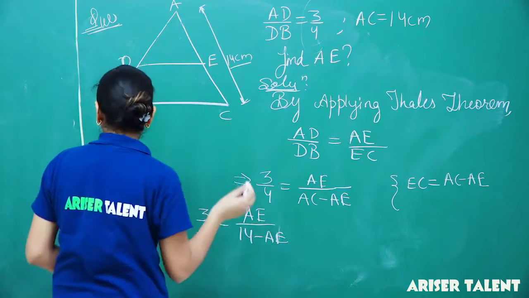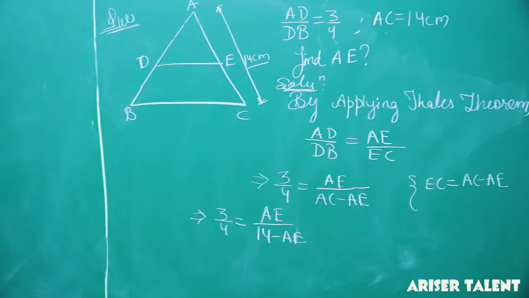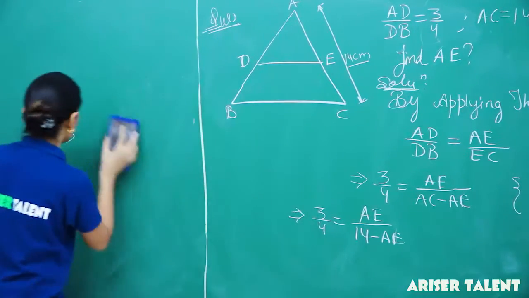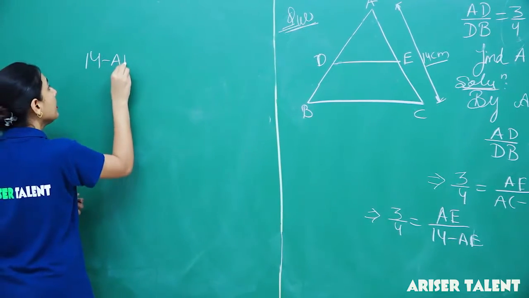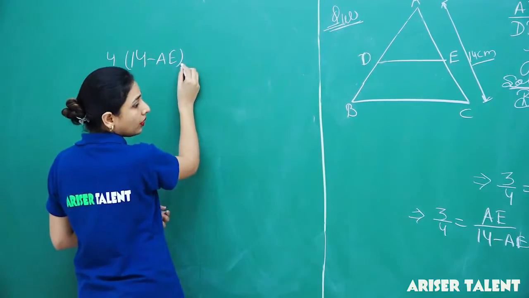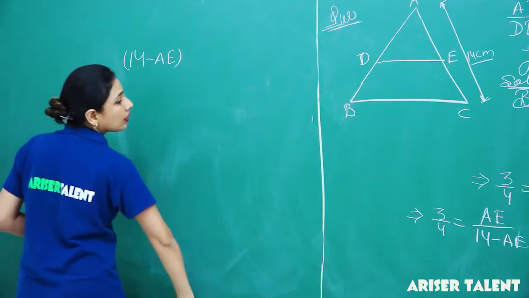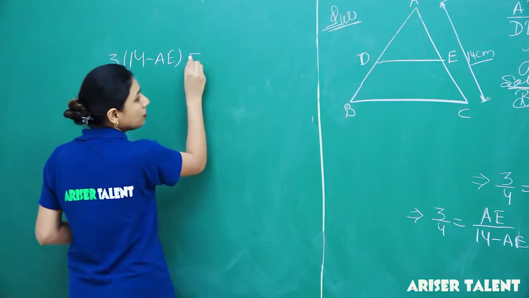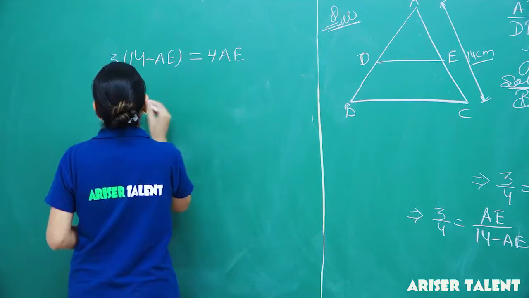Now what will it give you? It will give you 14 minus AE multiplied by 3 equals 4 multiplied by AE. Just sort it out.